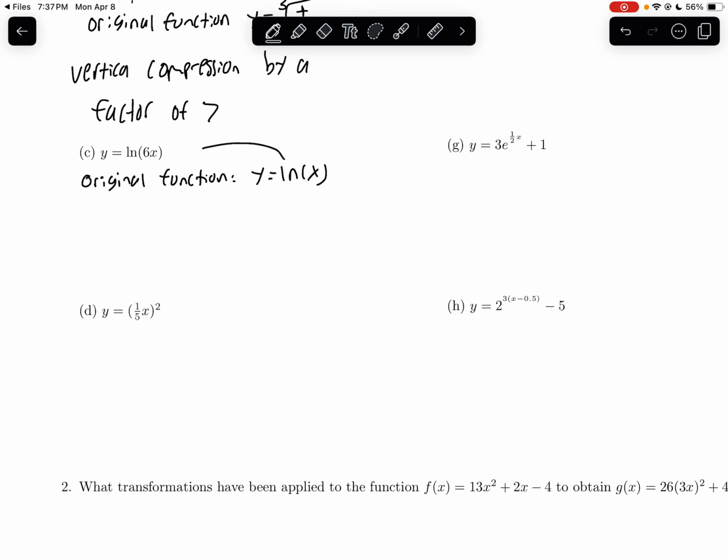To go from here to here, you're multiplying the inputs by 6, which means you are compressing the function. So this would be a horizontal compression by a factor of 6.